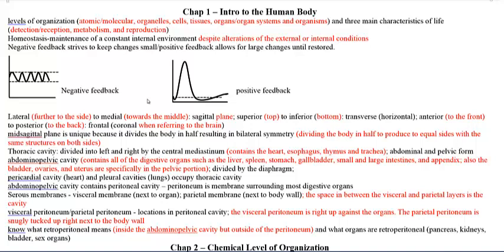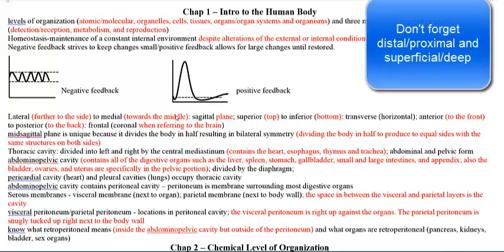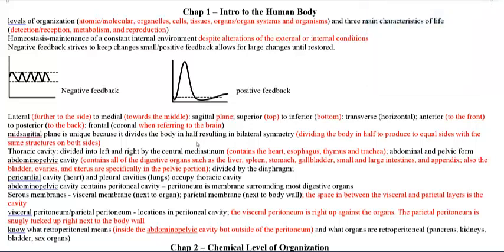Just as you covered in the first lab quiz last week, or a couple weeks ago, or whenever it was, you will have to know the positional terminology. And so I've defined all of that there, as well as the planes of position. Mid-sagittal plane is important. I explained that.